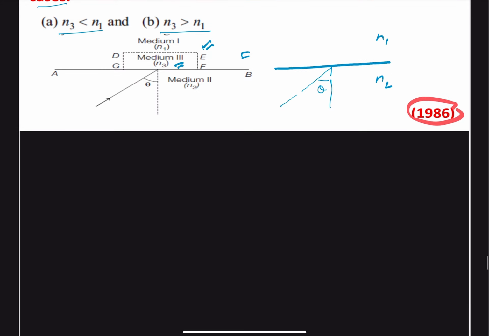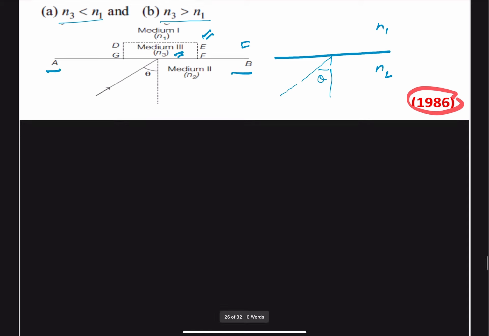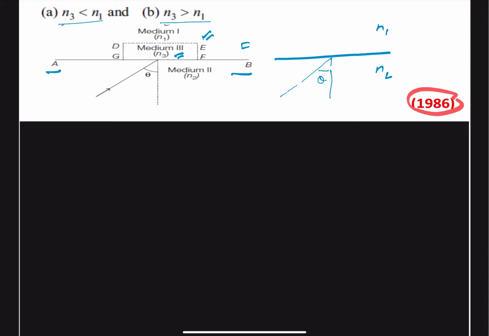It is given that light is incident at the angle theta on the surface AB. So we can say medium 1 has a refractive index of n1.